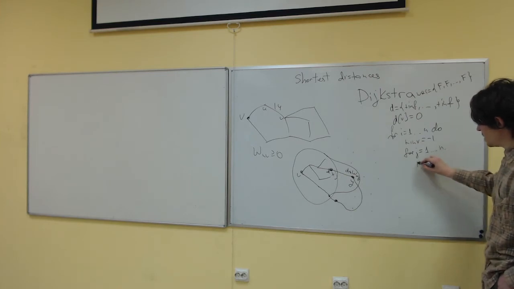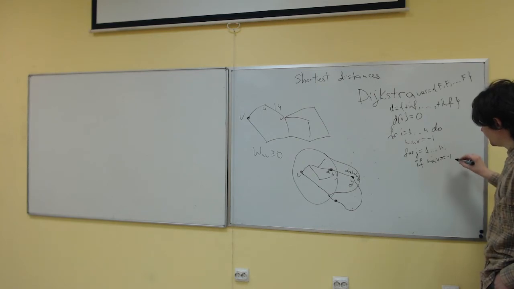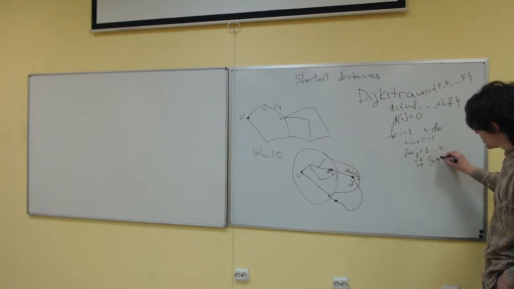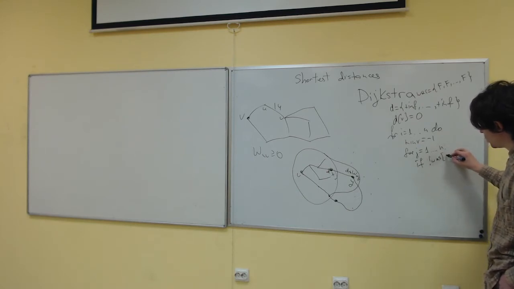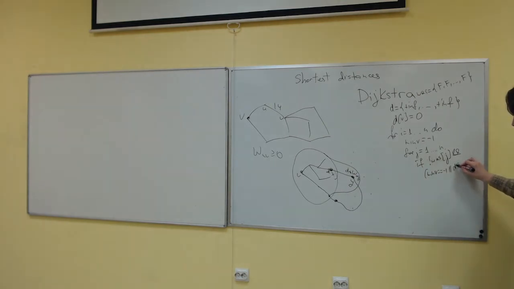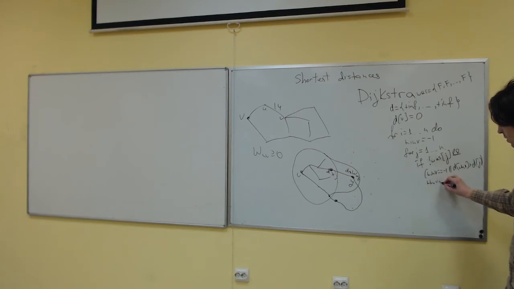From 1 to n, if we didn't take this vertex yet, so if not was j, and min v equals -1, or d of min v is bigger than d of j, then we say min v equals j.